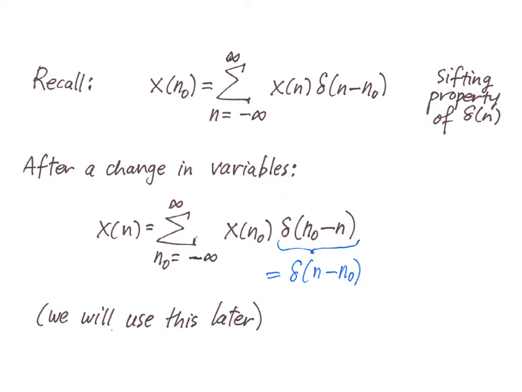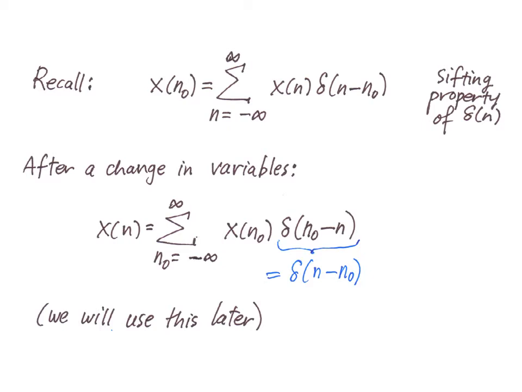And here it's shown on the top line. X of n multiplies delta n minus n0, and then that is for each sample of the products of those two sequences. They're added up together to give some constant.